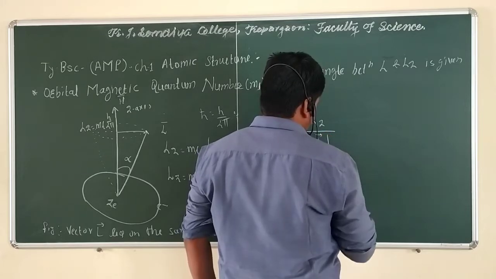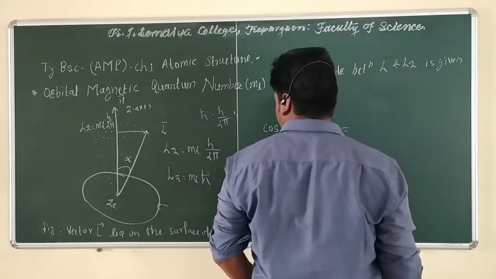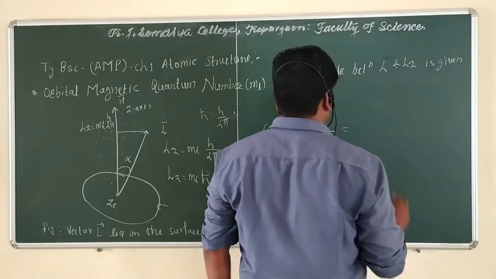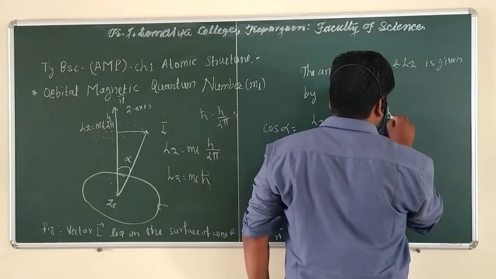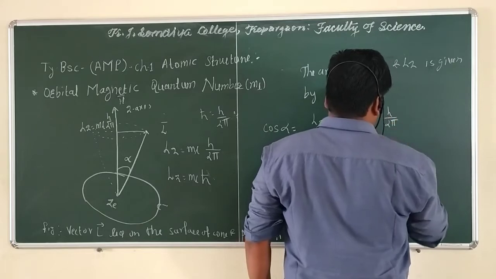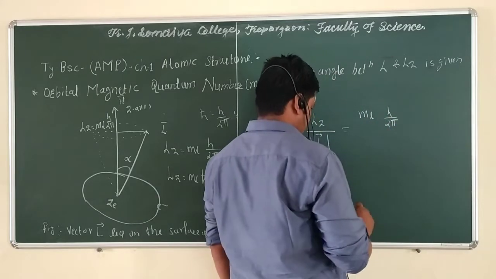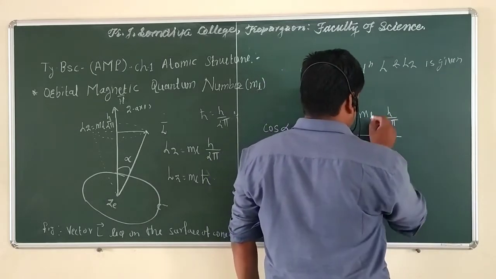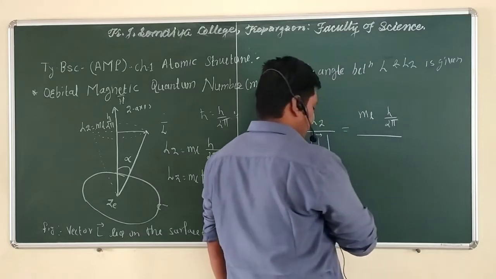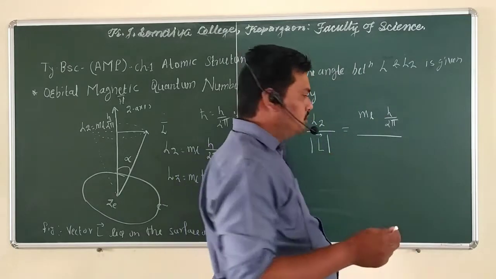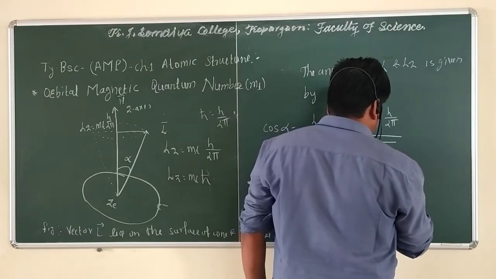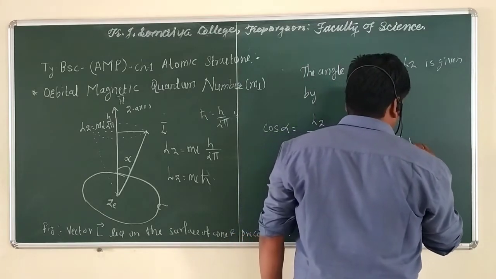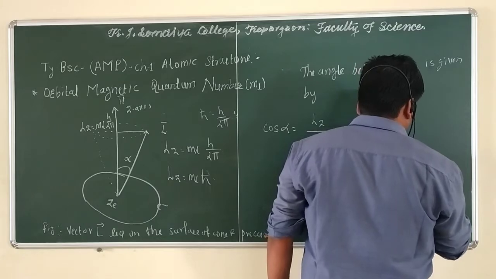Correct. So we have given here, Lz value is ml into h upon 2 pi, or ml into h cross, over the mod of L bar, which gives under root of l into l plus 1 into h upon 2 pi.